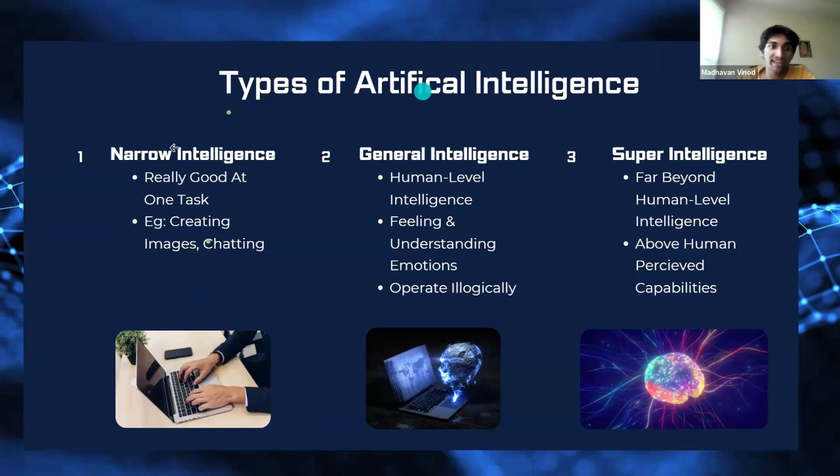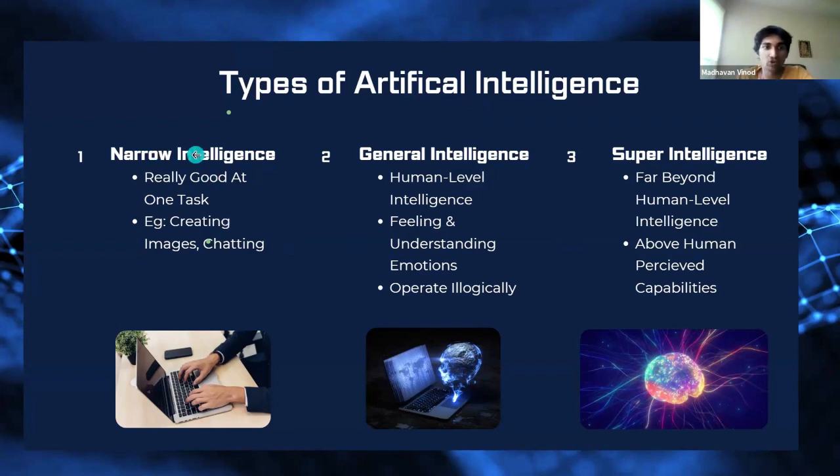We have artificial narrow intelligence, ANI. We have artificial general intelligence, AGI, and we have artificial superintelligence, ASI. These are very big terms. Some of y'all might find it kind of difficult to understand. But here's where things get fun.